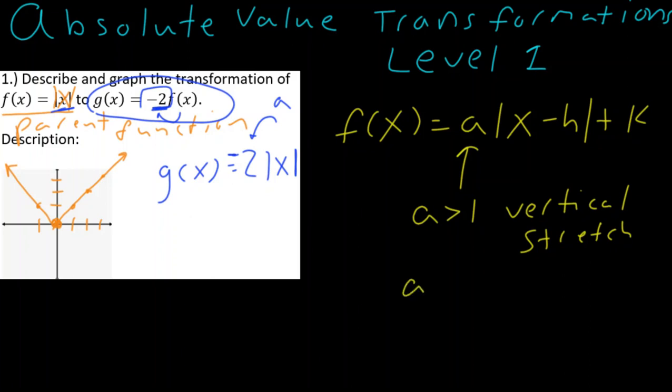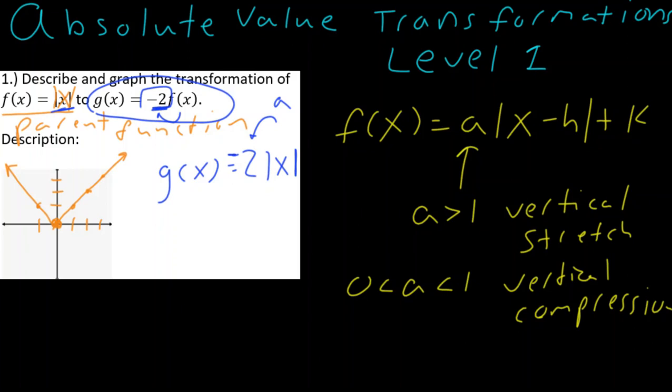And when we say 0 is less than a is less than 1, or aka a is in between 0 and 1, we have what's called a vertical compression. Okay? And you want to break this out into two parts. Also, when we have a negative a, we say that it is reflected down.